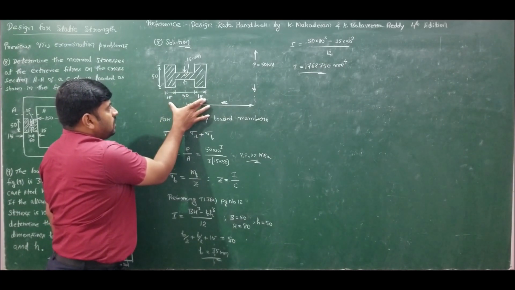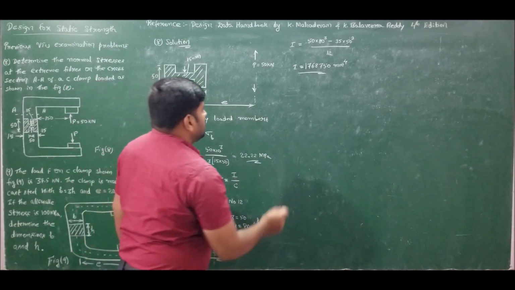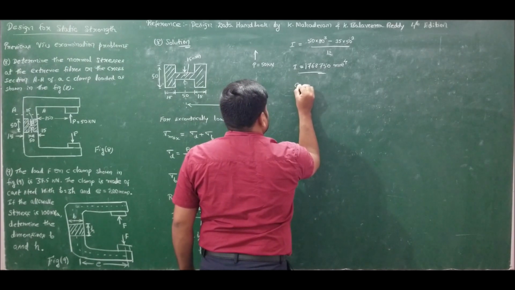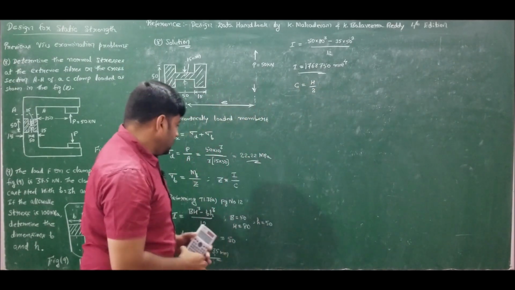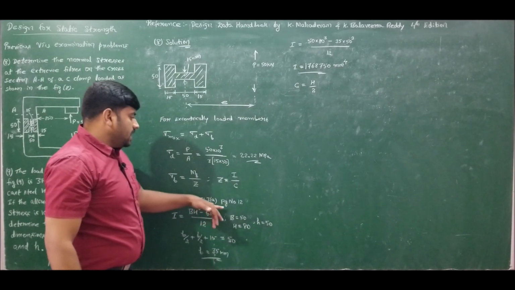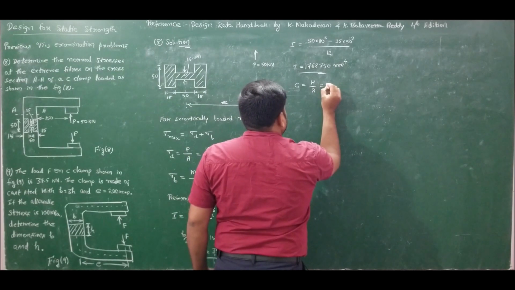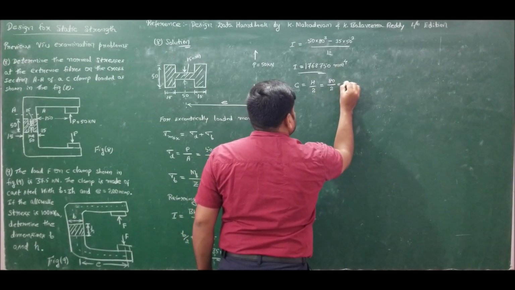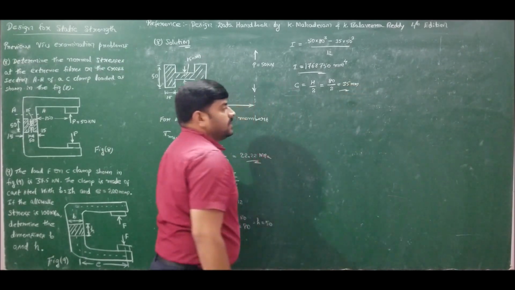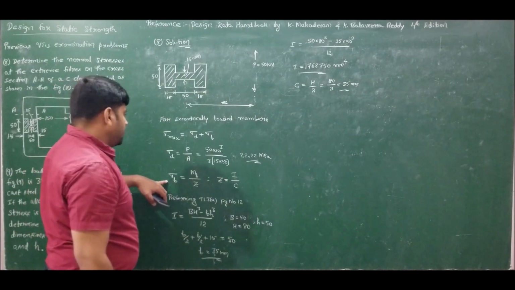Put together, overall depth is 80 millimeters. So therefore the value of C is nothing but h by 2, which is also specified in the same table 1.3a, page number 12. So which is nothing but h is 80 by 2, which is equal to 35 millimeters.